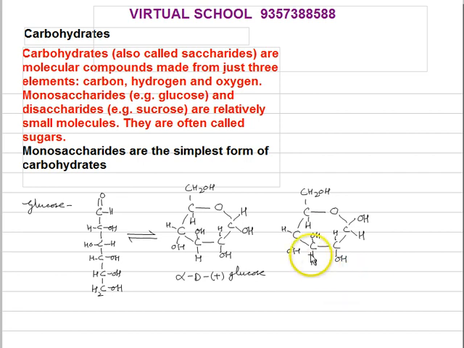So in place of alpha we can call this beta D glucose. So this becomes beta D glucose.